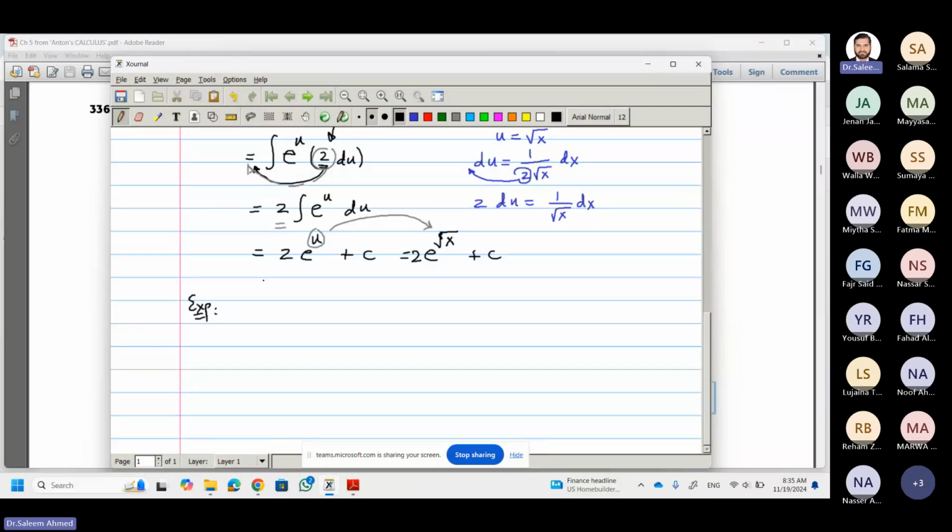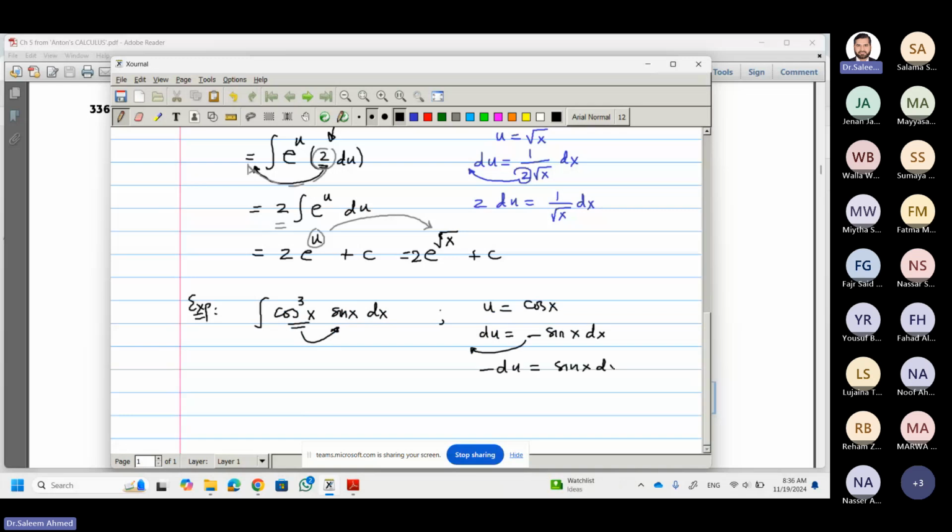Some substitutions will not be very straightforward. For example, I have a question: cosine cube of x dx. That's it. If this question had a sine x with it, it's very easy because the derivative of cosine is sine. So I can simply take u is equal to cosine x. Derivative will become minus sine x dx. Minus is not there, but we don't care about minus because minus will go to the other side.